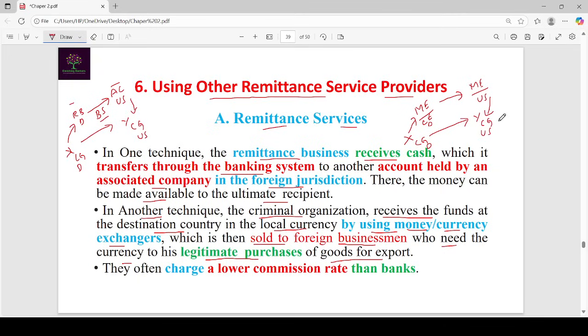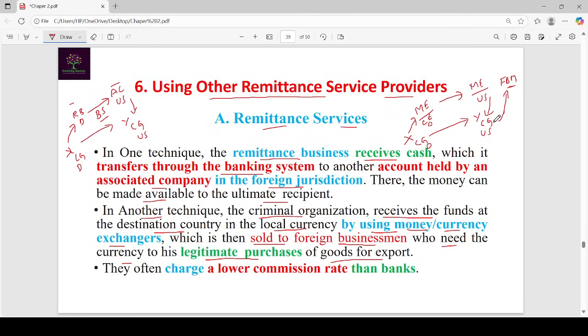Again, this Y criminal group sells this currency to the foreign businessman who needs the currency for his genuine business, for purchase of goods for export. He is doing legitimate business.